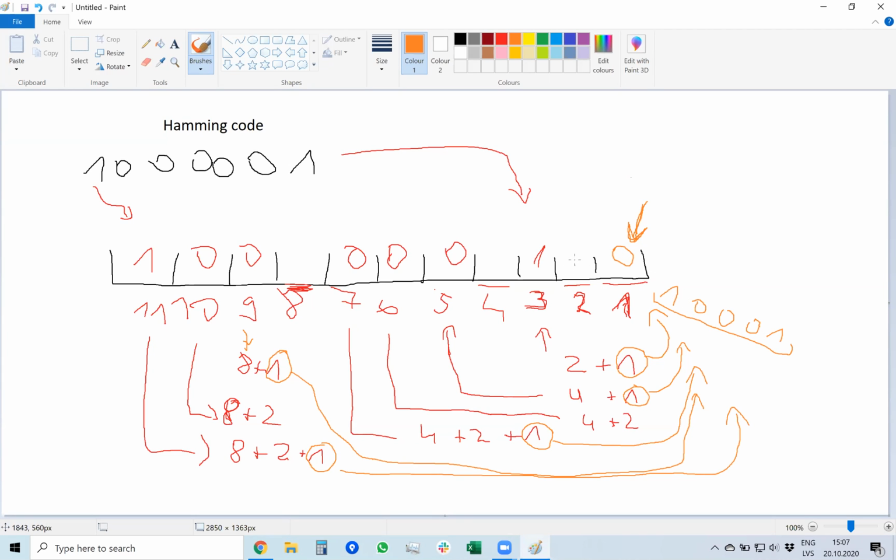Next, position number 2. 2 is used for bit 3, for bit 6, for bit 7, for bit 10, and 11.